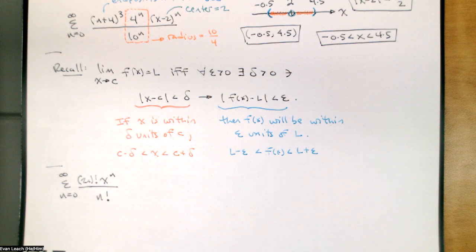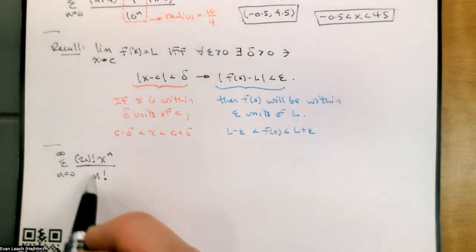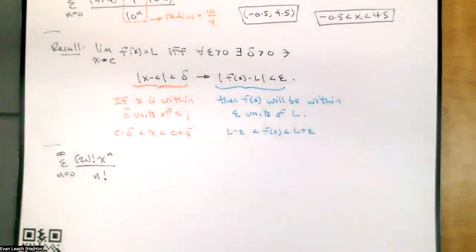I'm going to throw in some other factorial. So now we have factorials that might balance each other out. Once these show up in the numerator and a factorial shows up in the denominator, nobody else needs to show up.